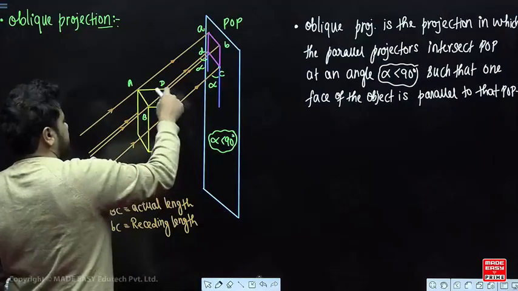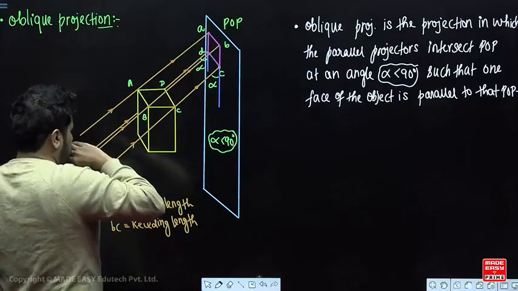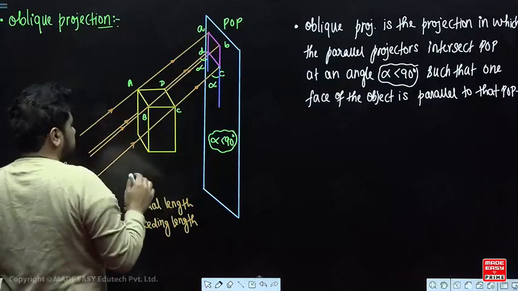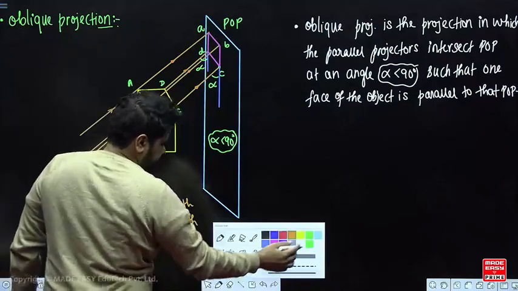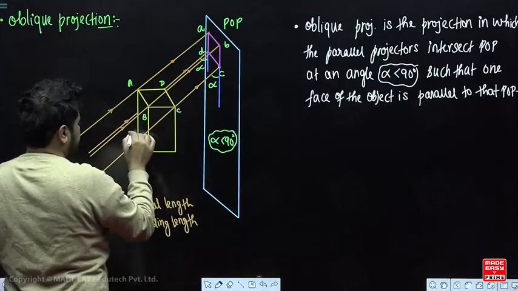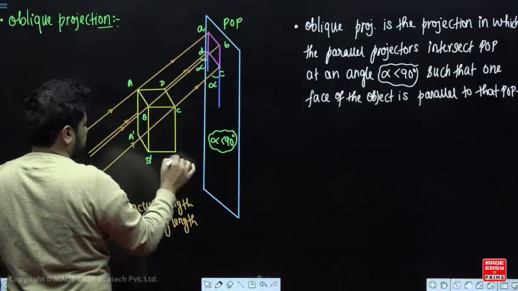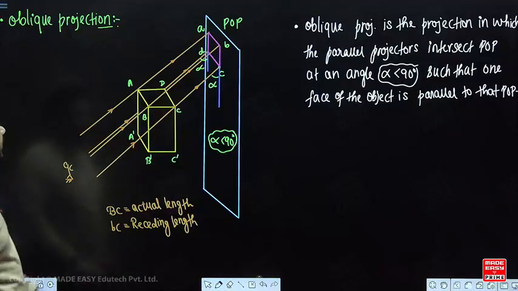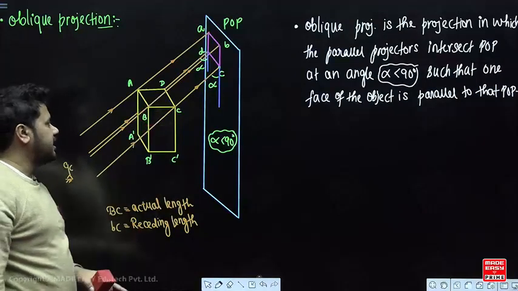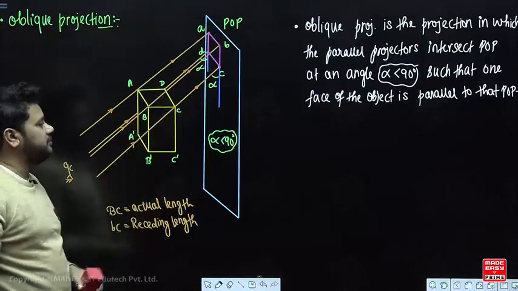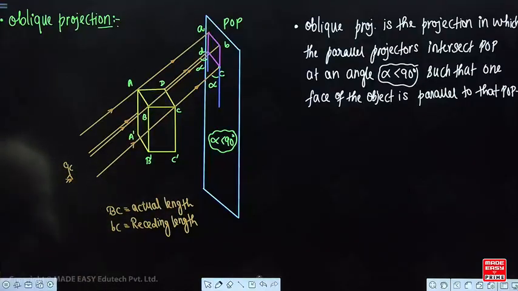So you can see this ABCD. If I call it A dash, B dash, C dash, then C, C dash, D, D dash is parallel to POP, right? Okay.